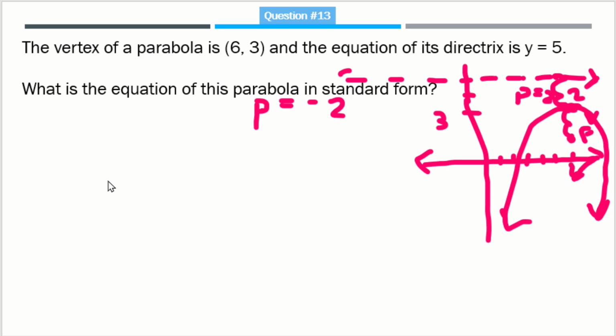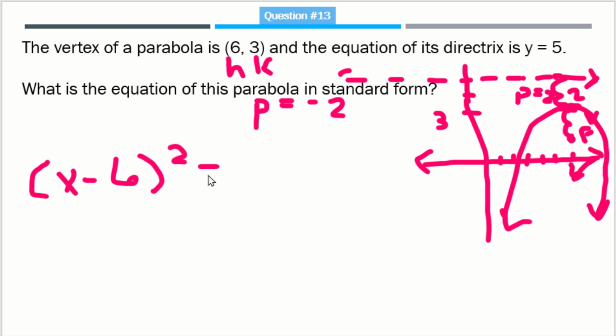All right, so for the equation, we're going to take h and k here and plug them into the equation for a parabola. X minus h squared equals 4 times p times y minus k, and k is 3.